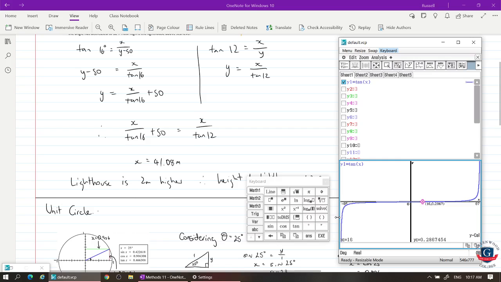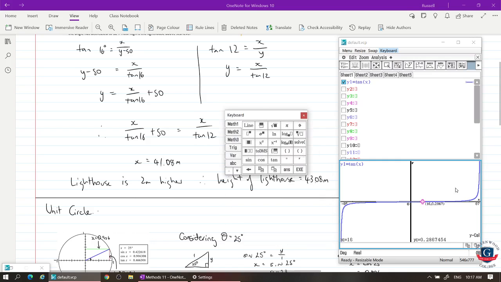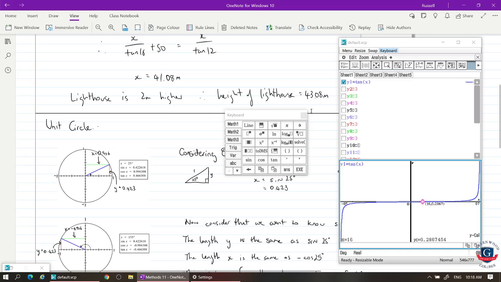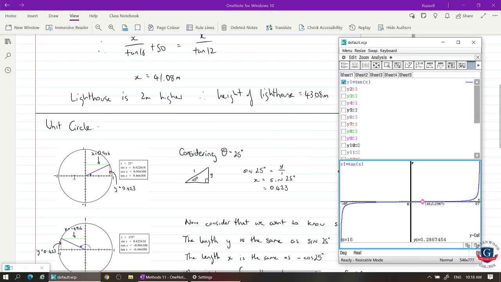We can also see it on a unit circle. Whereas we can't really get the graph without a graphics calculator, we can get the exact value graphically off a unit circle. So here is a circle, and in this case the angle is equal to 25 degrees.